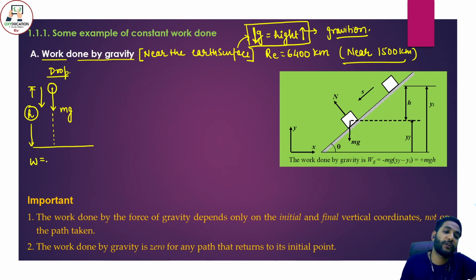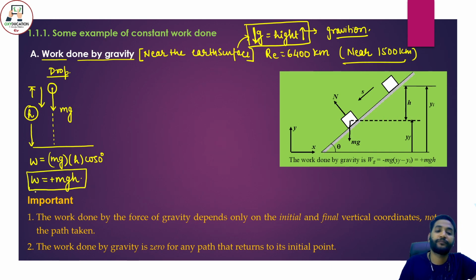Hence we can say work done by the gravitational force, that is equals to force यानी कि mg into displacement यानी कि h. दोनों के बीच का एंगल कितना है? 0 डिग्री. So we can say the work done is actually mgh, and it is actually positive. Hence we can say the work done by the gravity during free fall is positive.